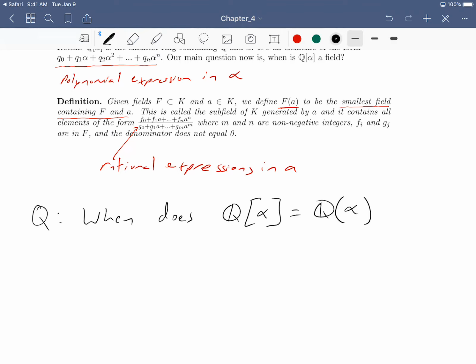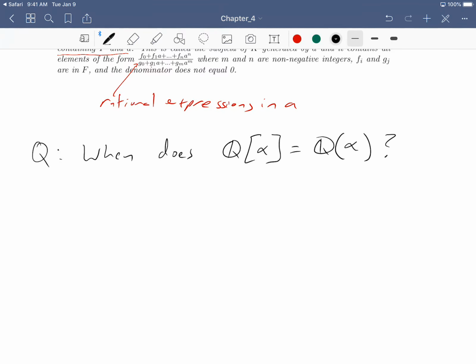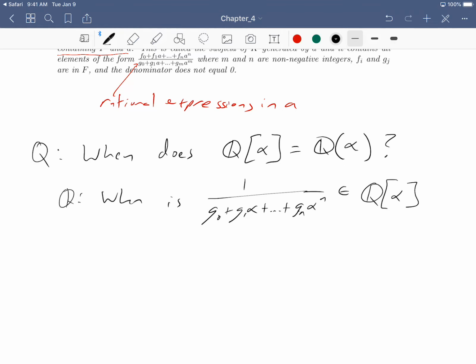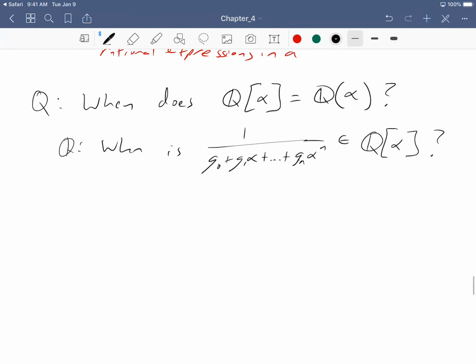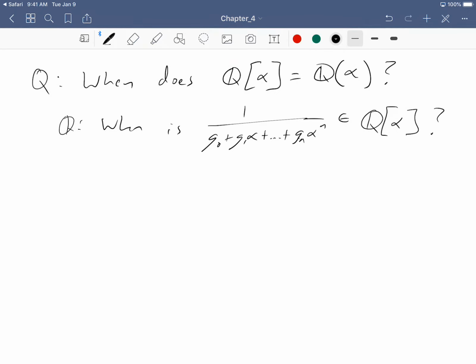I usually just call them both Q adjoin alpha. So when are those two things equal to each other is our question. And another way to rewrite that is when is 1 over g0 plus g1 alpha plus dot dot dot all the way up to gn alpha to the n in Q adjoin alpha with the square brackets, right? All right, so let's look at a couple cases where we know that these are the same.